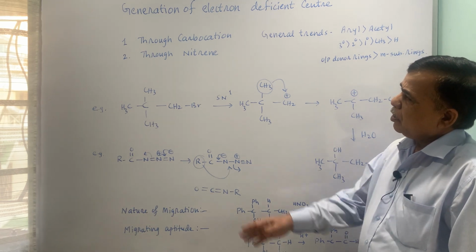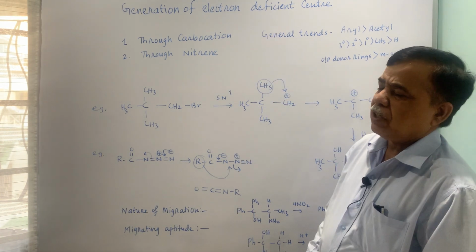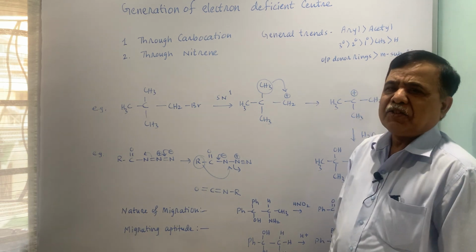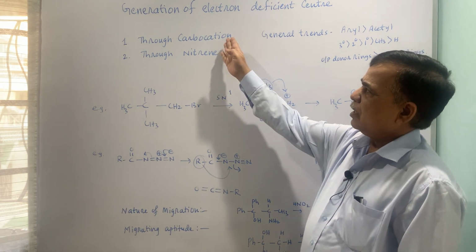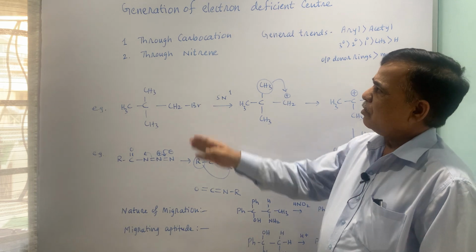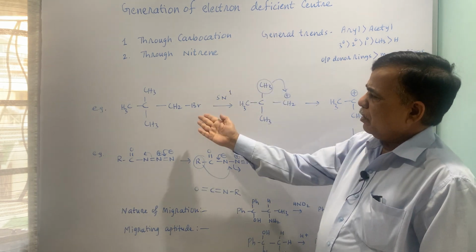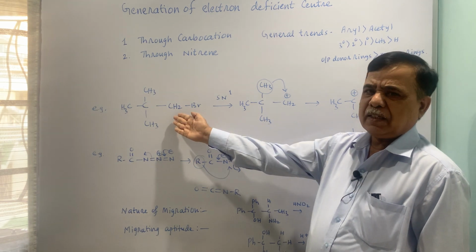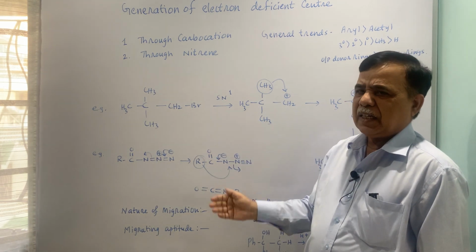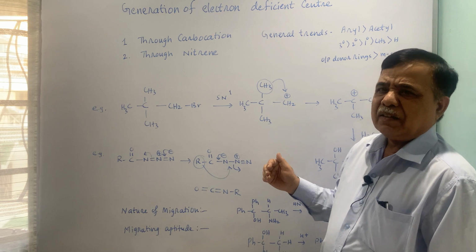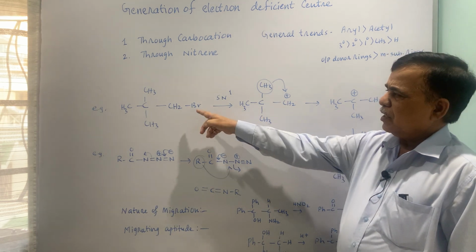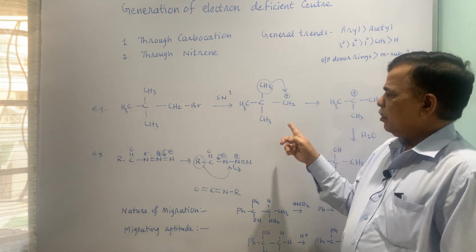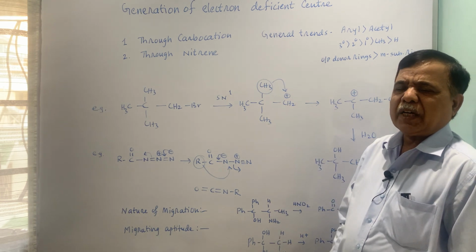So, first of all, how is the electron deficient center generated? It can be either carbon or nitrogen. So, a carbon electron deficient center can be generated this way. Let us see this primary halide. The SN1 reaction, heterolytic cleavage of this carbon bromine bond, gives a primary carbonium ion.